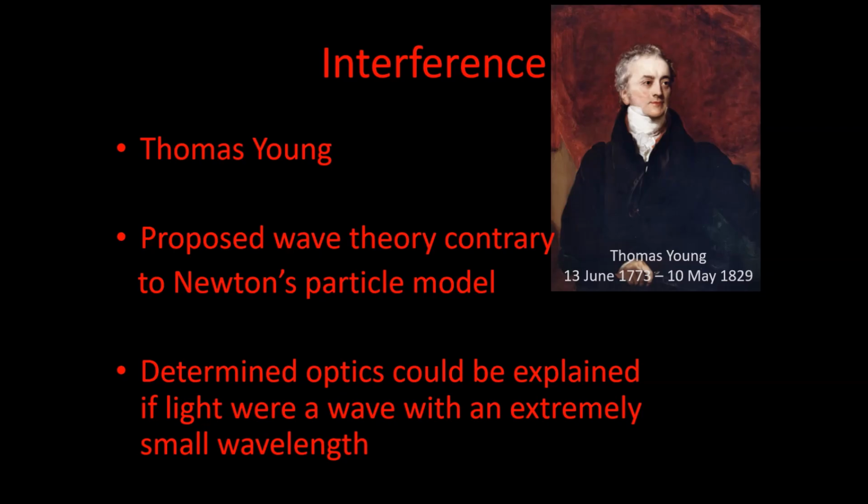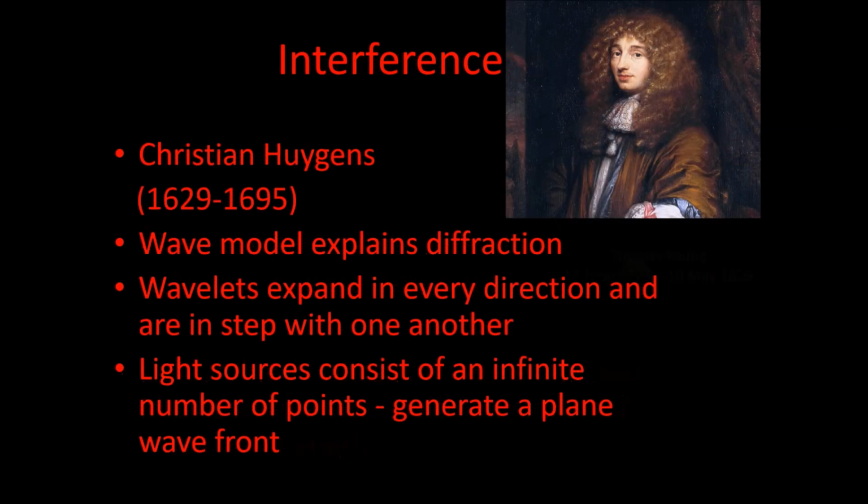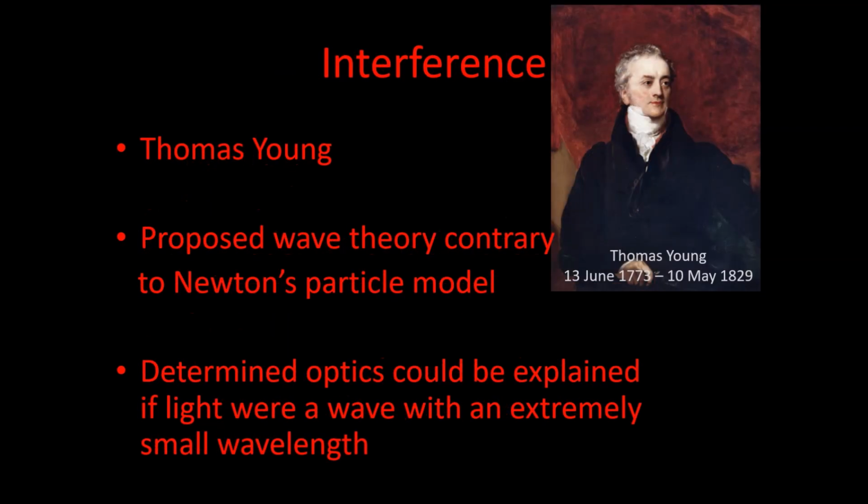And he determined that optics could be explained if light were a wave with a really small wavelength. So he took the work of Huygens, done in the 1600s, and really ran with it, and really put to bed this idea of light being a wave and not a particle.